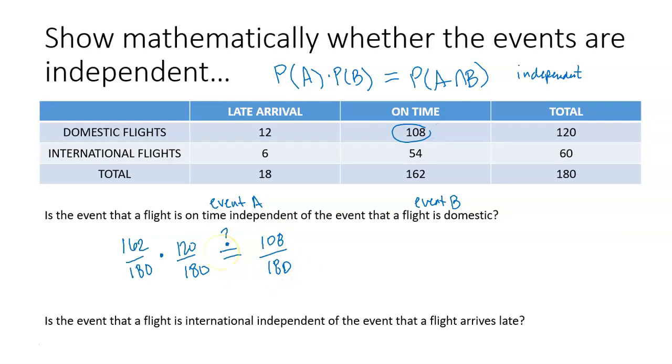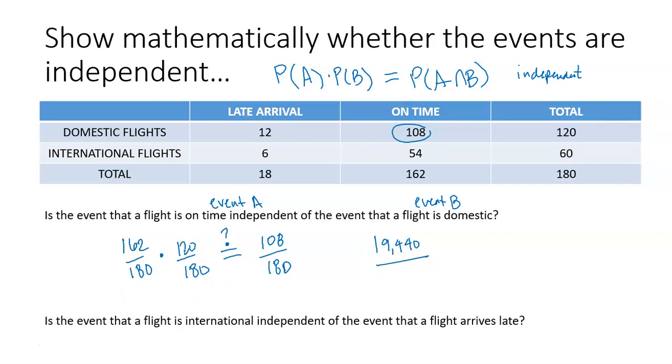So grab your calculator, multiply these out. Remember that when you're multiplying two fractions together, you multiply the top times the top. So 162 times 120 is equal to 19,440. And then I also need to multiply the bottom times the bottom.